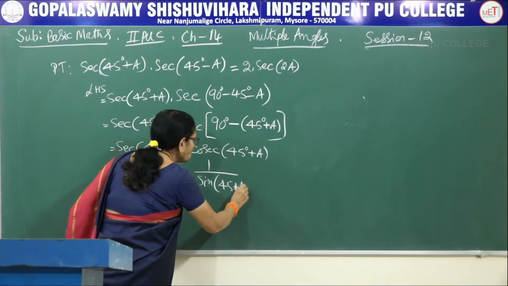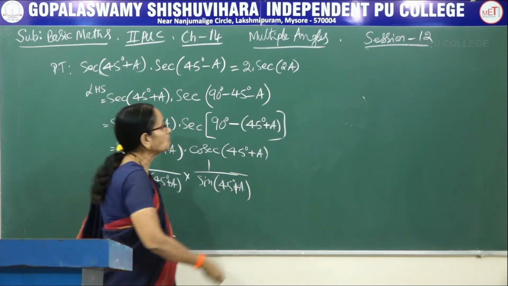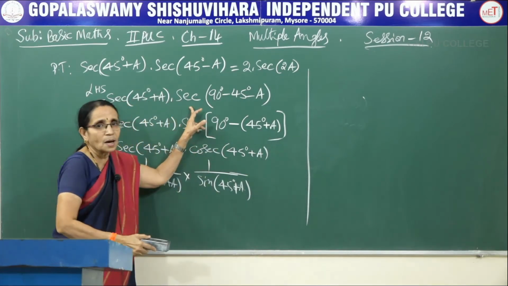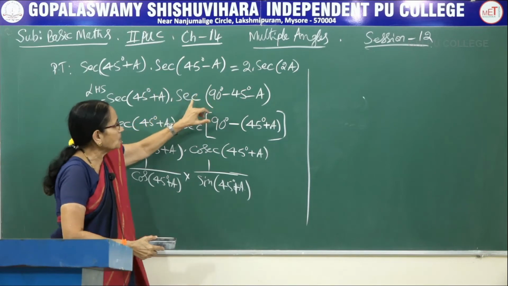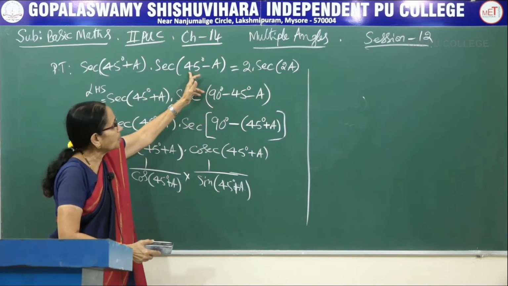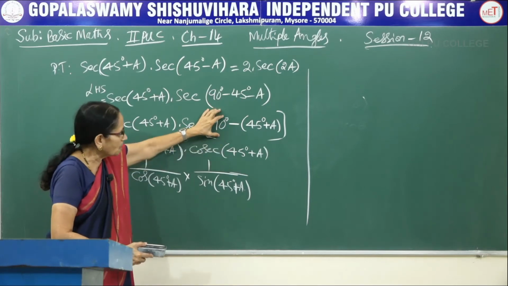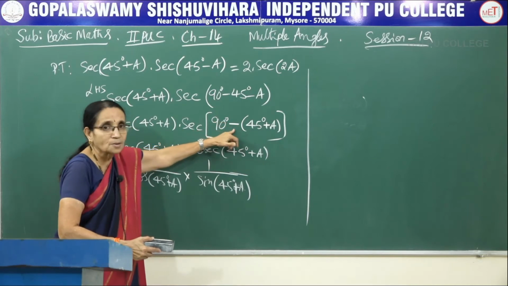So in each step you observe that I am doing only one calculation. First, I have started with the left hand side. I am keeping the first one as it is. The second one, I am writing that 45 angle as 90 minus 45. In the second step, keeping the 90 as it is, from both the terms, the remaining two terms, I have taken the minus sign outside.